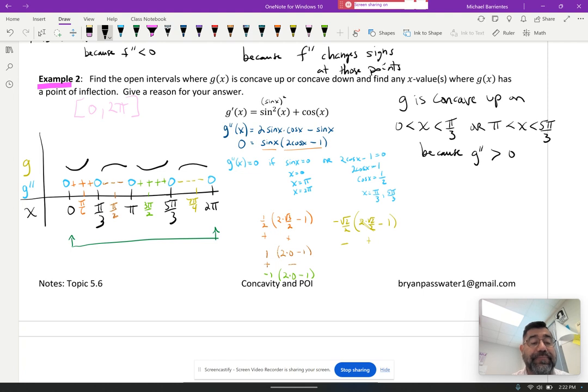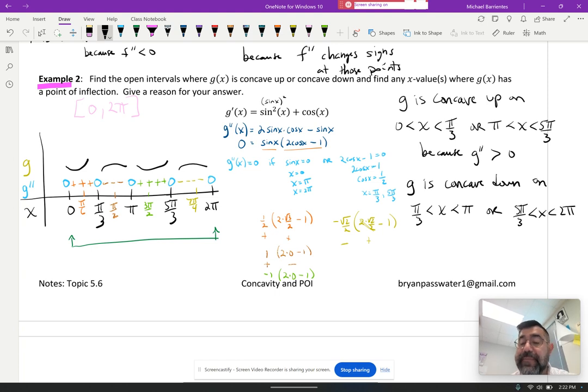It's positive. Very similarly, we're going to say G is concave down on between pi over 3 and pi, or in this other section, between 5 pi over 3 and 2 pi.